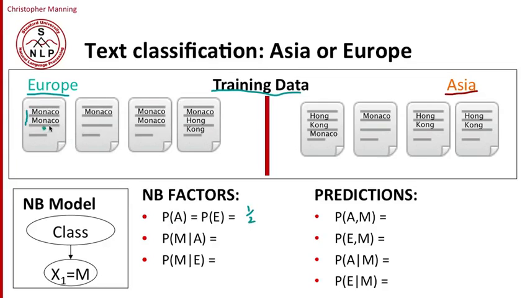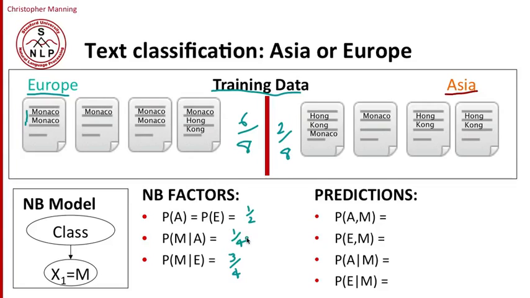In total in Europe there are 8 words and 6 of them are Monaco, so the probability of a word being Monaco given Europe is 3/4, 6/8. In the Asia category, there are again 8 words in our training data and 2 of those are Monaco, so the probability of Monaco given Asia is 1/4.